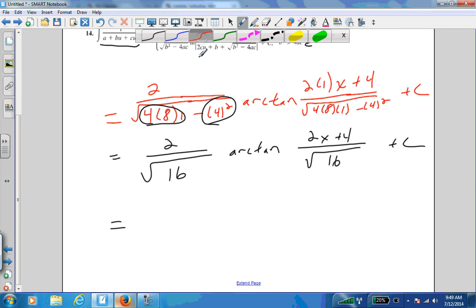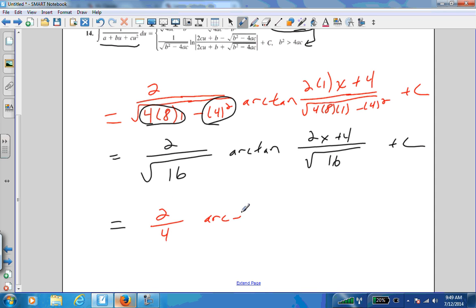Alright, we can reduce a little here. The square root of 16 is 4. On top here we have a common factor of 2, so we can factor a 2 out. Again, the denominator is 4.